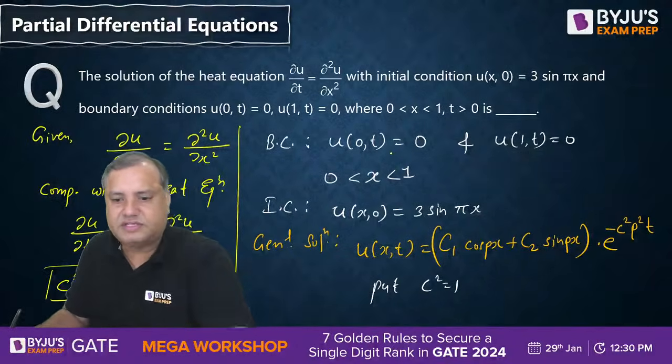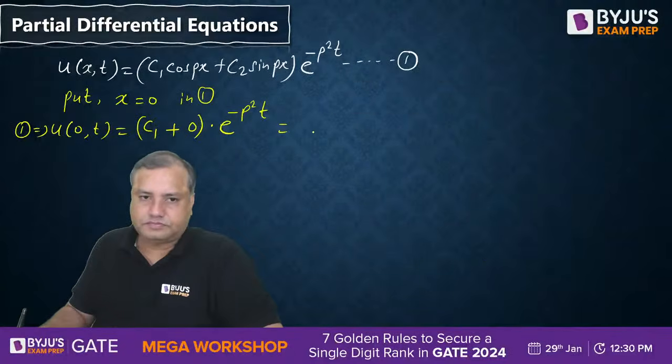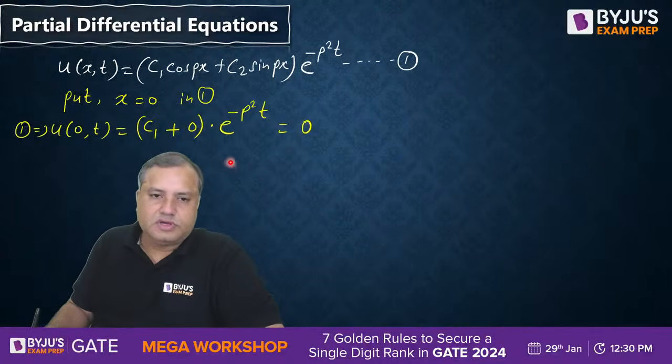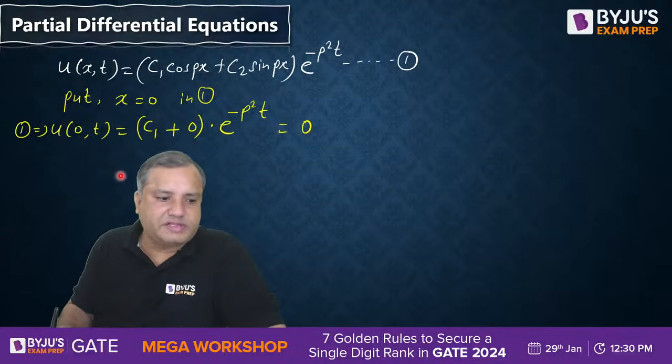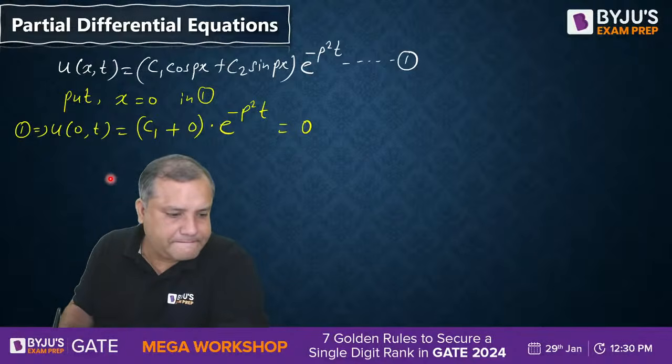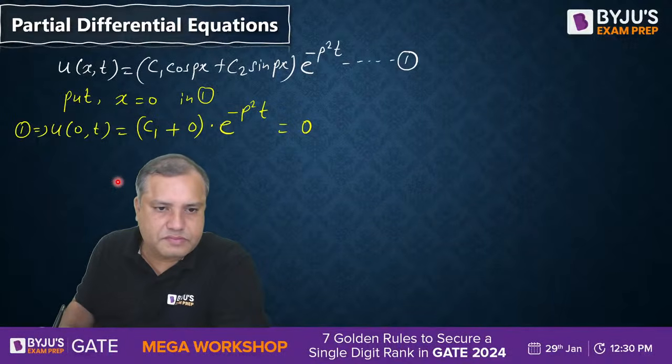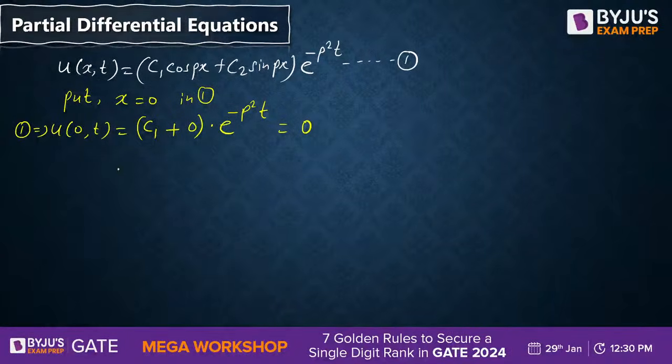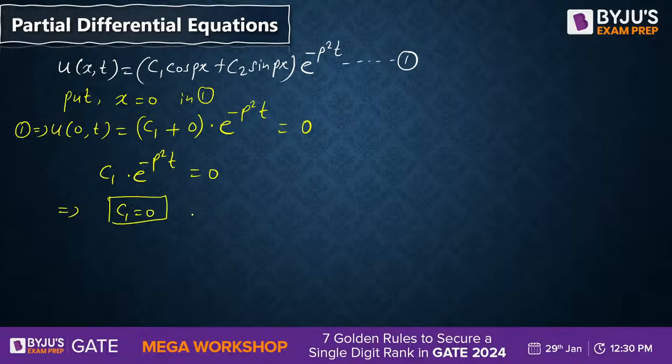So students, ultimately what you are getting is C1 e to the power minus p square t equal to 0. Now the product of these two quantities is 0. This exponential term cannot be 0. It means C1 should be 0 to satisfy this equation.